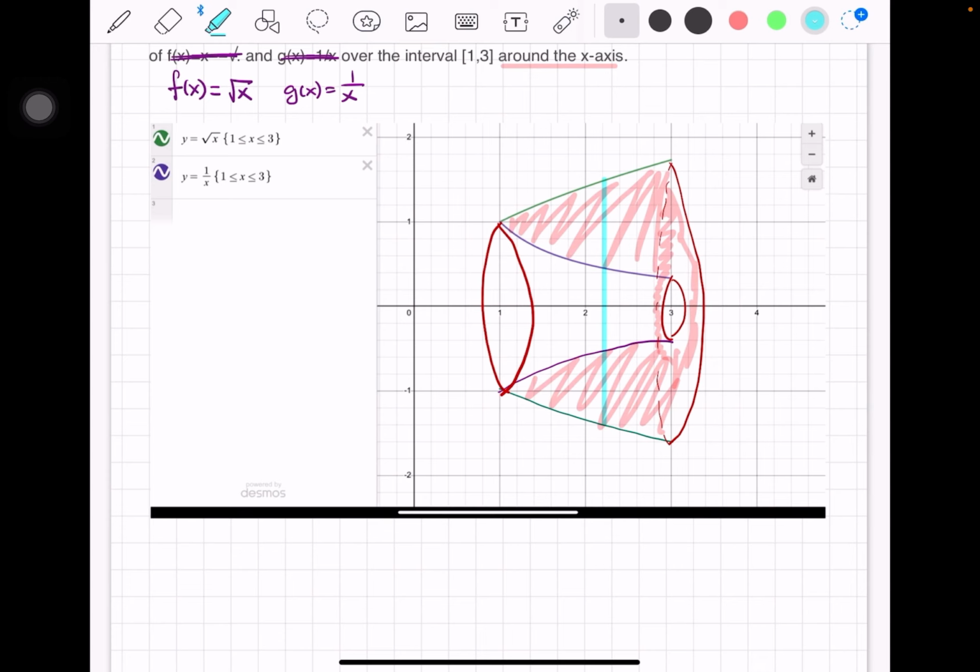And if we do the same thing, we slice the object and turn it facing to us, we will see a donut shape, which means we have a smaller circle inside, and then a larger circle outside.